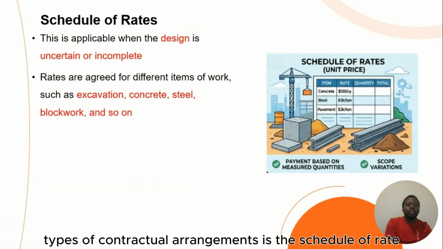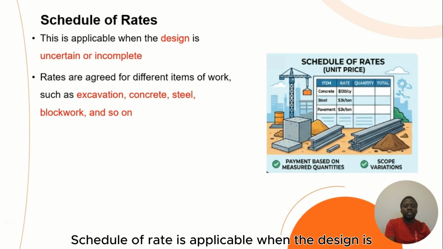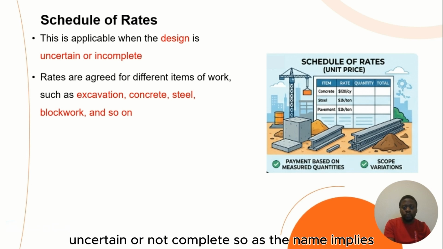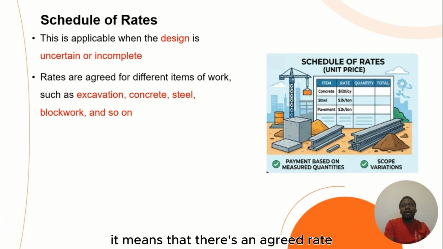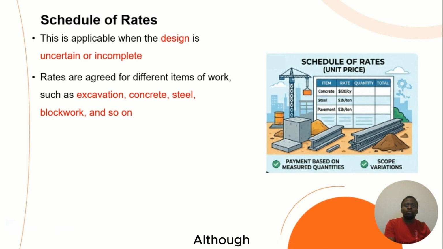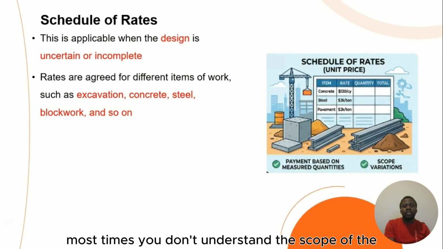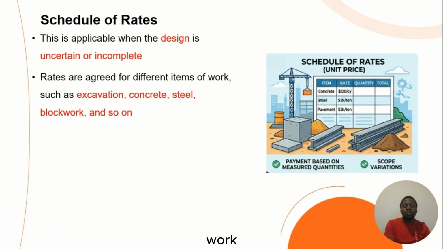Another type of contractual arrangement is the schedule of rates. Schedule of rates is applicable when the design is uncertain or incomplete. As the name implies, there's an agreed rate for different items of work. Most times you don't yet understand the scope of the work, but there are agreed rates.